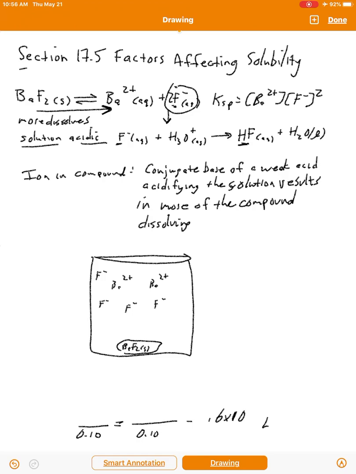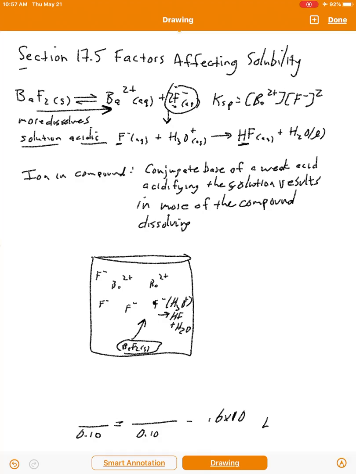We're going to add hydronium by adding hydrochloric acid or something like that. We're going to make it more acidic. By making it more acidic, the fluoride will react with the hydronium ion to give you HF and water. So if you've reduced this fluoride, now Q is less than Ksp, so more of this will dissolve. Okay?